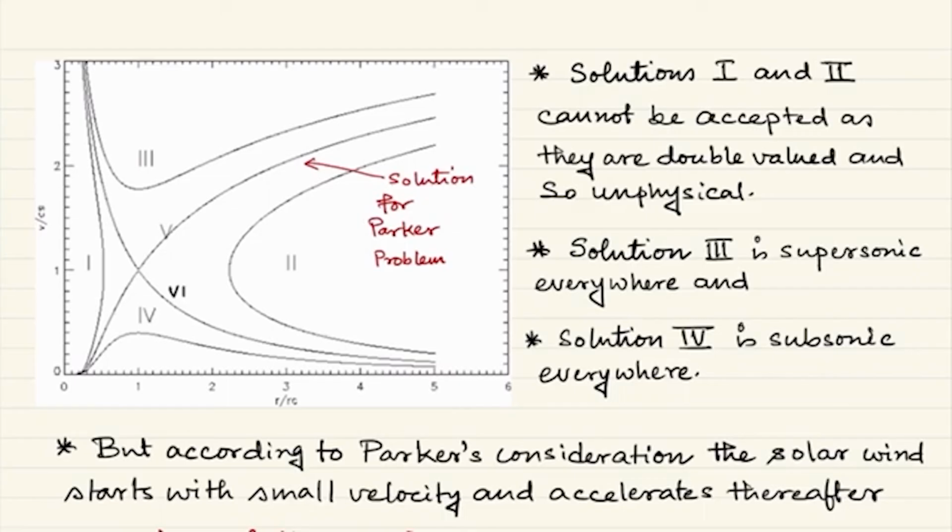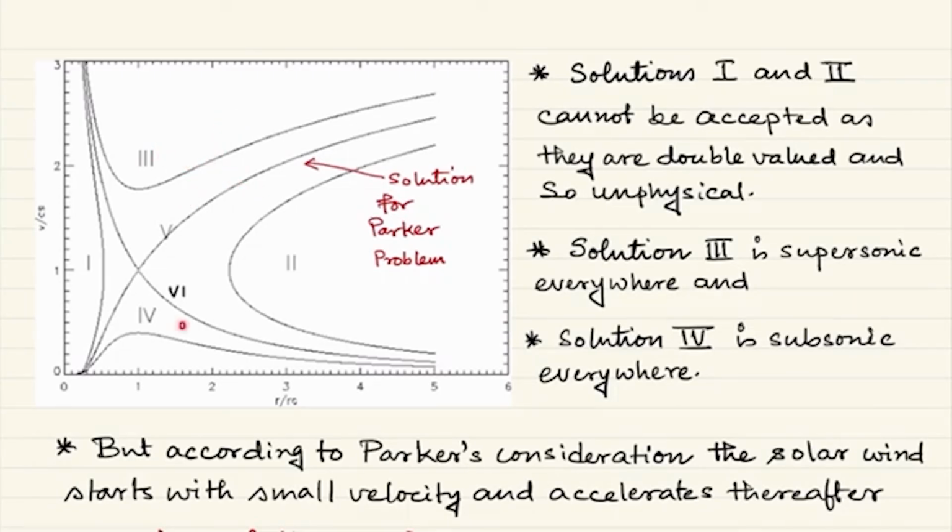If it starts being subsonic, then there are 2 possibilities: either it becomes supersonic after a certain region, or it remains subsonic. So in any case, 3 is not possible.